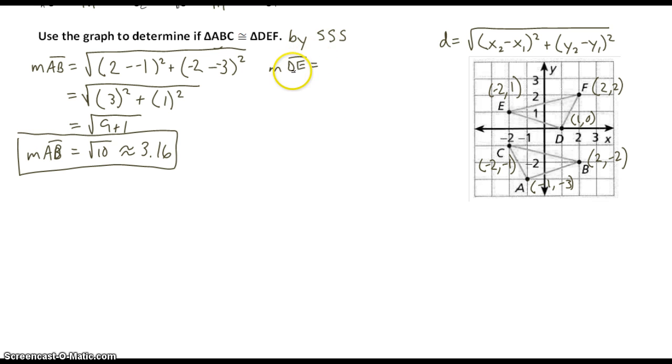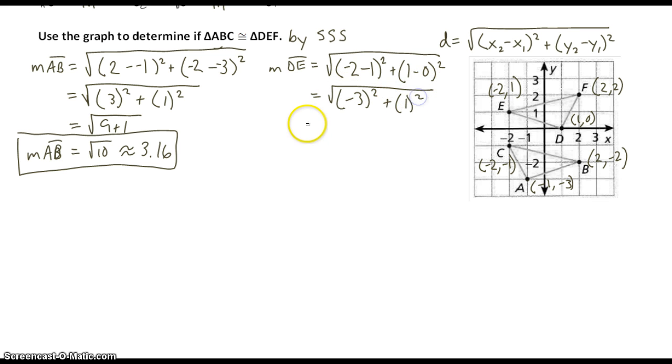Well, I need to show that DE is also this same length. So I'm going to use the distance formula again, but this time with DE. So I'm going to take -2 and subtract 1 and square it, and then 1 minus 0 squared. -3 squared plus 1 squared.